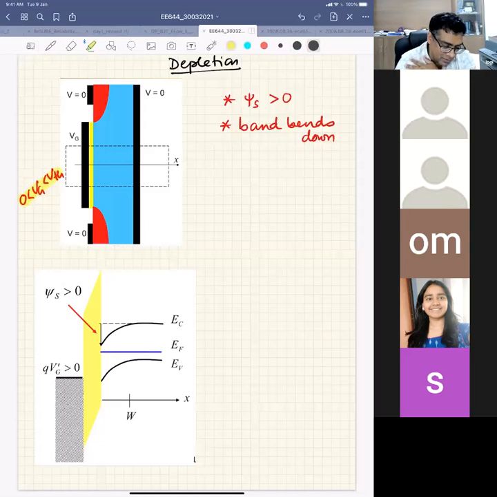Since you're applying positive gate voltage, your surface potential psi is positive, and since psi is positive, your band will bend downwards, right? You see your band is bending downwards.